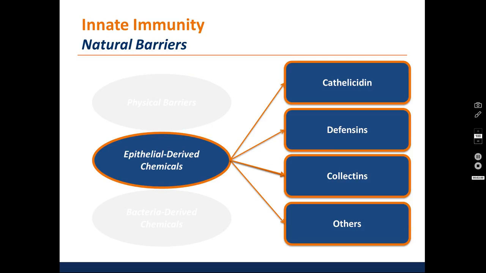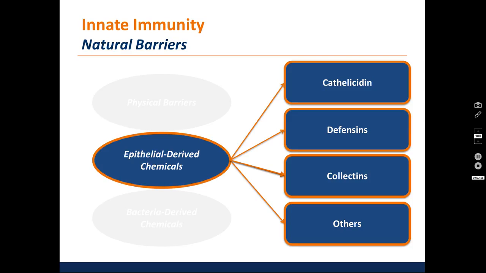In addition to the physical barrier that these epithelial cells create, they also create a chemical barrier. And this chemical barrier is made of certain proteins or even amino acids that particularly inhibit the growth of microorganisms.